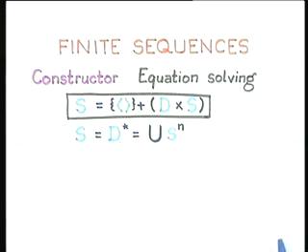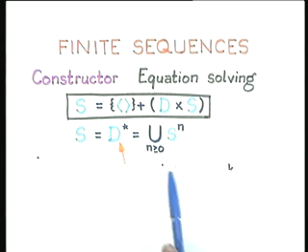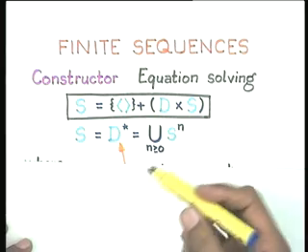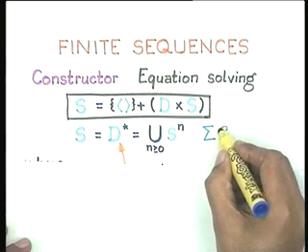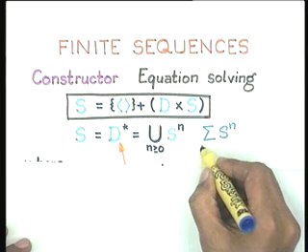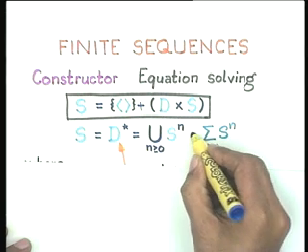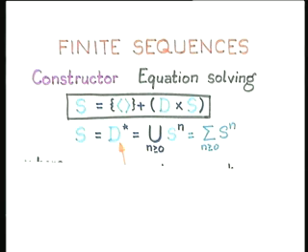And what is D star? D star is defined as the union. If you want, you can take this also to be the disjoint union. So, in this case the disjoint union would work just as well.